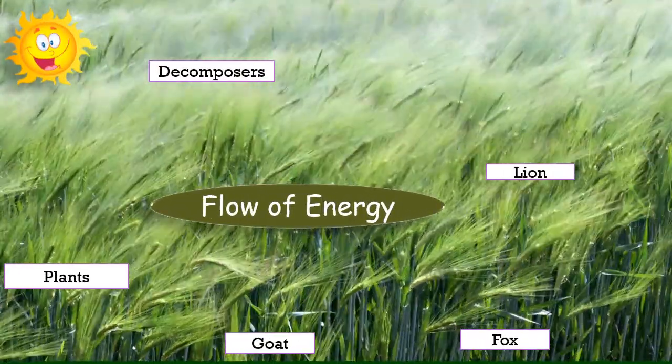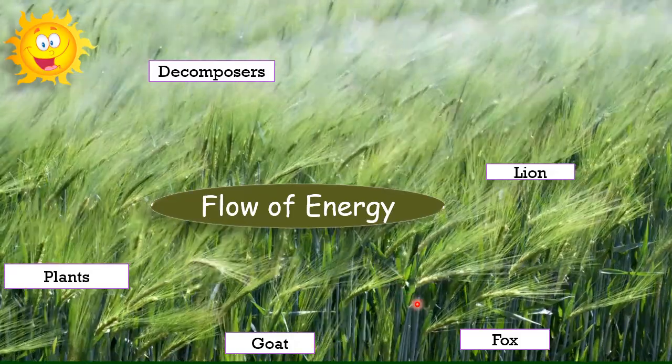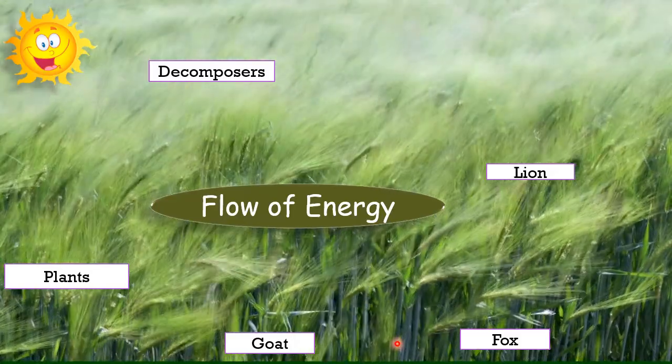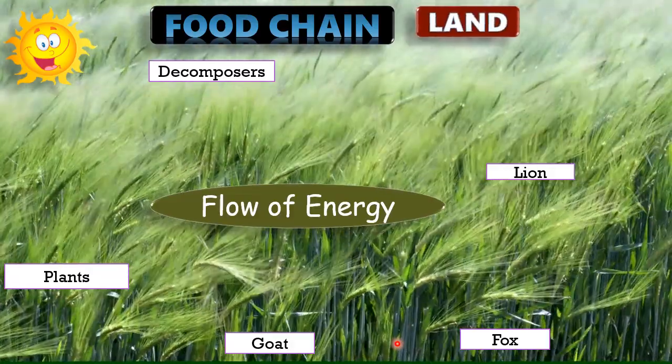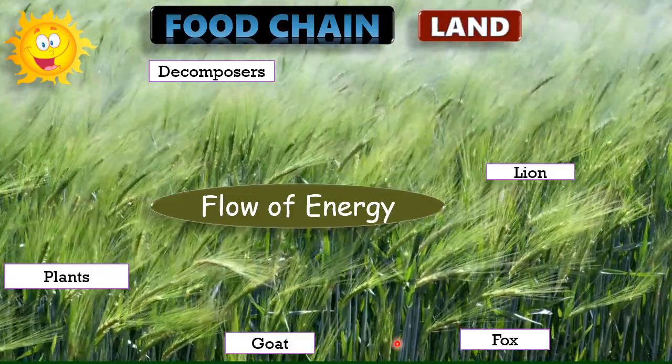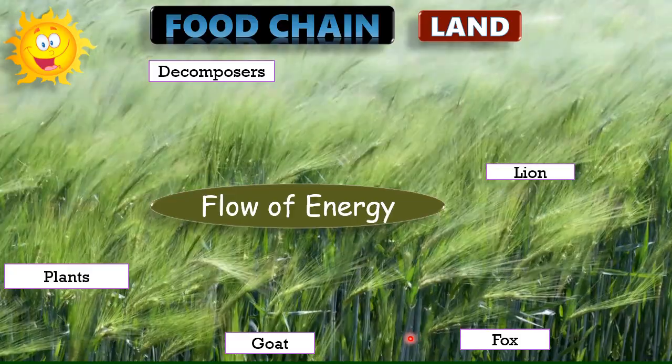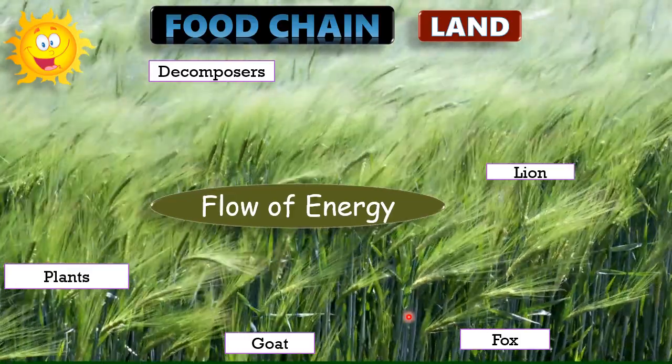Now children, let's see one more example of food chain on land. Let's see how on land energy transfers from one living being to another living being.